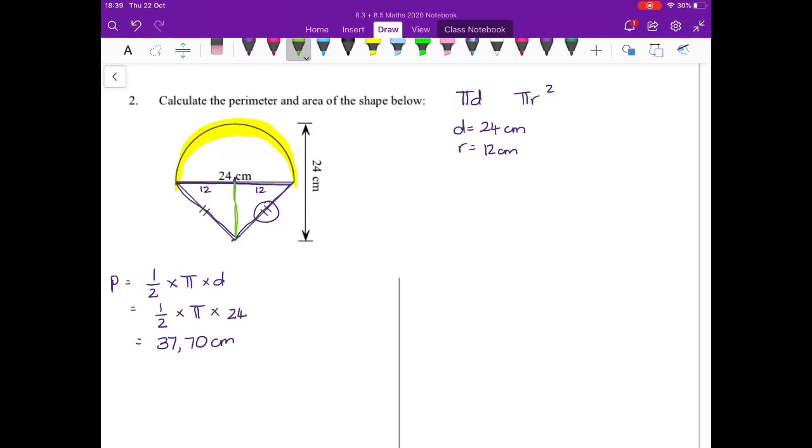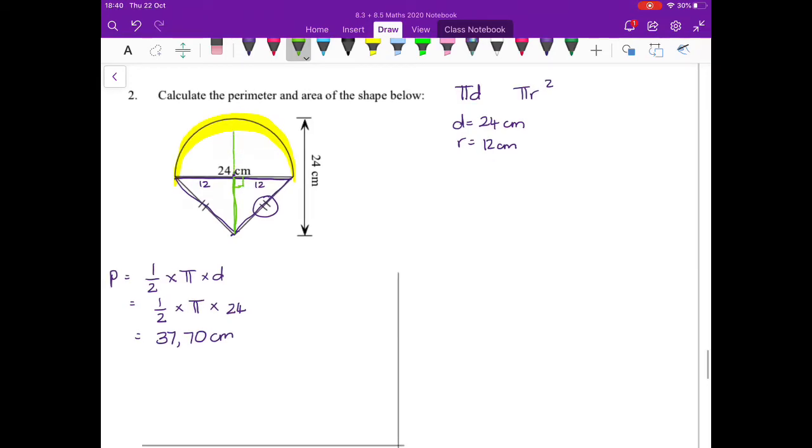I'm going to draw in the perpendicular height over here, and the radius is 12. From there to there was 12, and together it is 24, so this is also going to be 12. So Pythagoras says hypotenuse squared, which is what I don't know, I'm going to call x. So x squared equals 12 squared plus the other 12 squared.